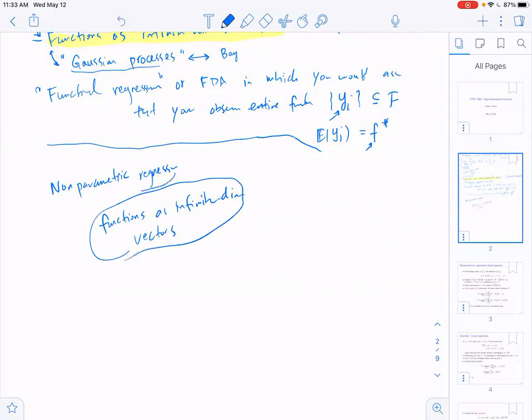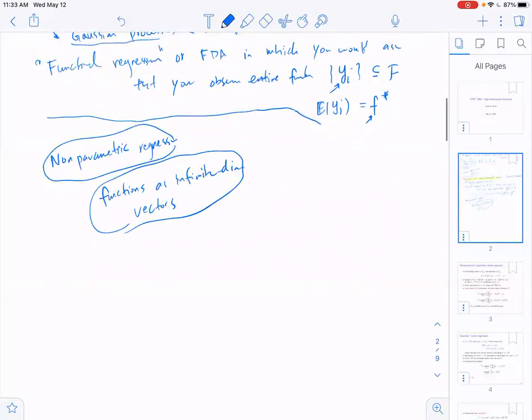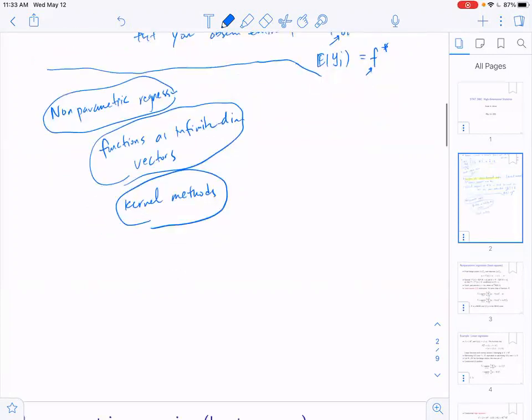This is one idea, a statistical idea. Kernel methods, this is another idea. And then functional regression is another idea.